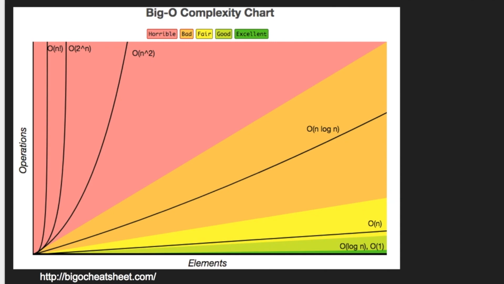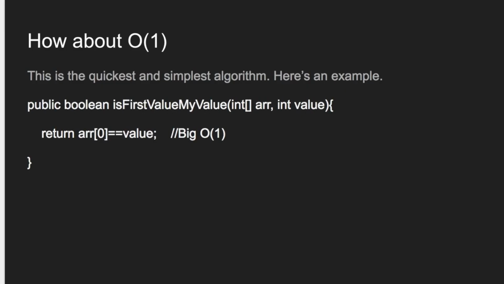So then let's look at some other scenarios in here. We talked about O of 1. That's the quickest solution you can have. Here's an example.